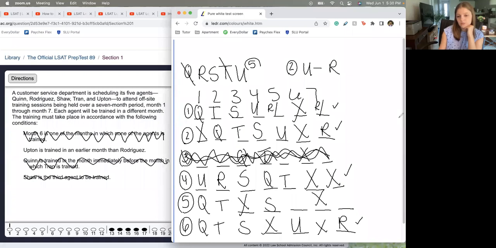And our last remaining world is number 5. We still have to figure out where U and R are going to go. Where do they fall into?